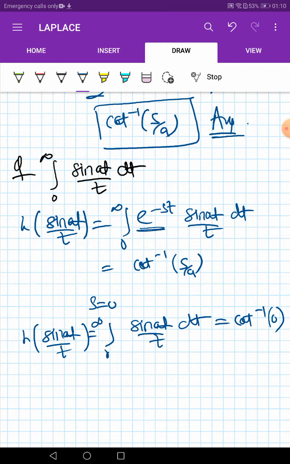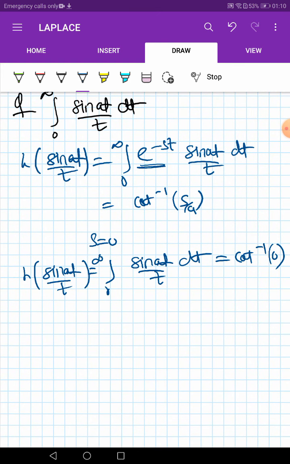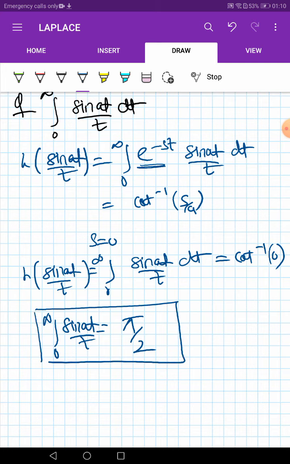The value of cot inverse 0 is nothing but pi by 2. So our integration from 0 to infinity of sin at by t will be equal to pi by 2. This is our answer.